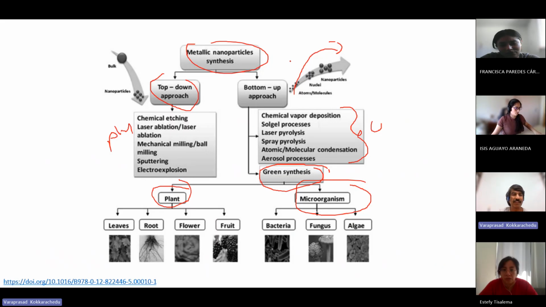People will prepare the nanoparticle they want, whichever process is better cost wise; we have to calculate and then use it. And most of the time, people use the plant one for medical applications, to improve the nanoparticle and decrease the cytotoxicity of the nanoparticles.